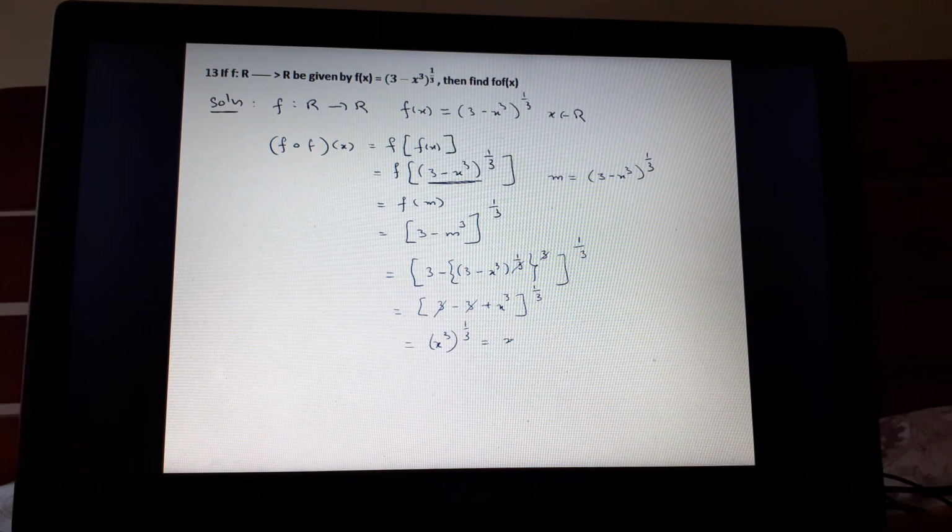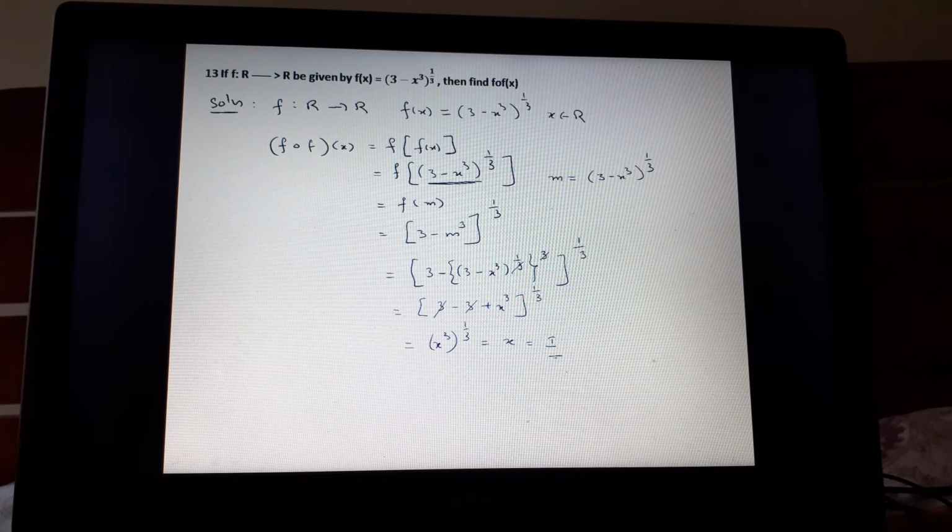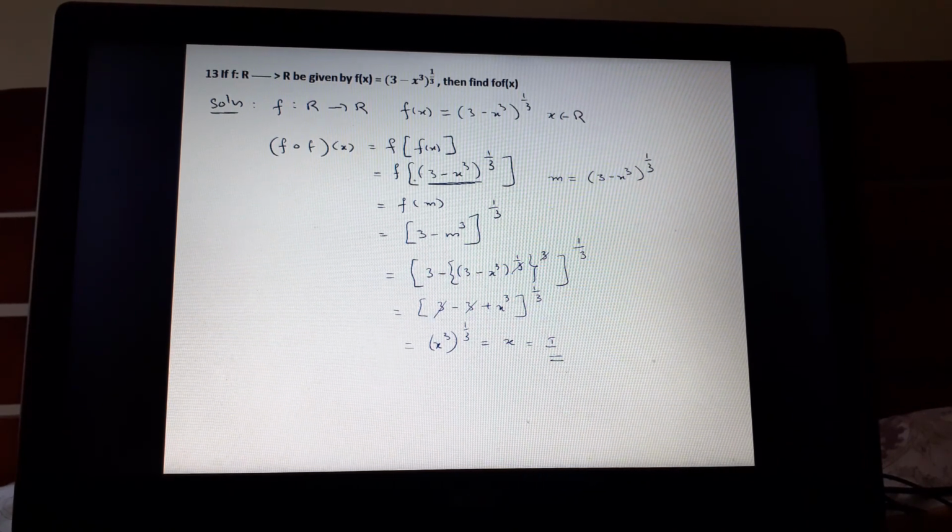This is x. This is x. That means here there is one more example. This is I, identity function. That means inverse of f is f only. Exactly similar question one we solved, I think in the previous exercise. So this is the identity function which shows f itself is the inverse of f.